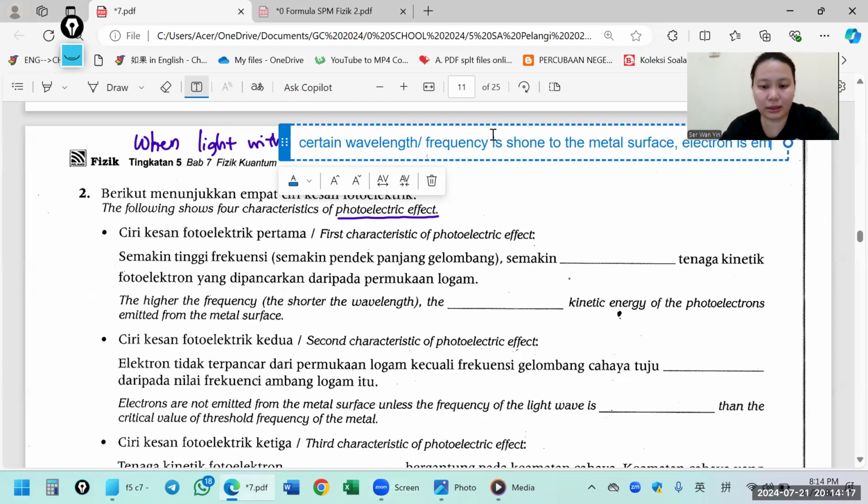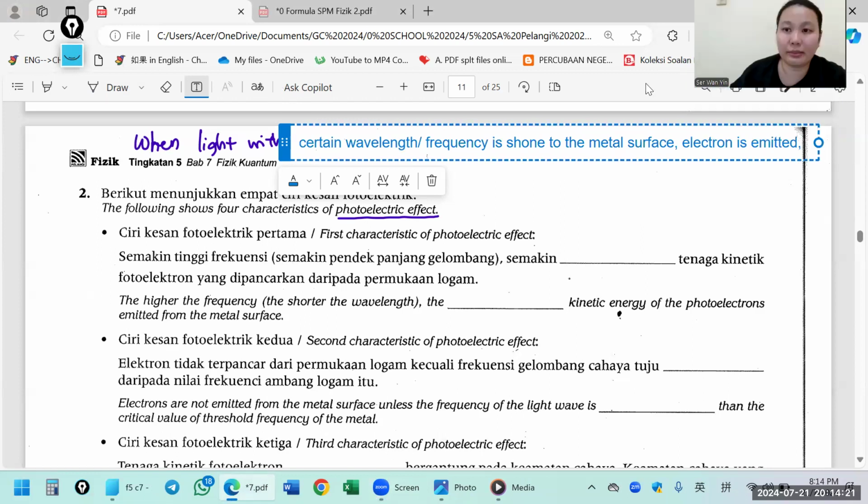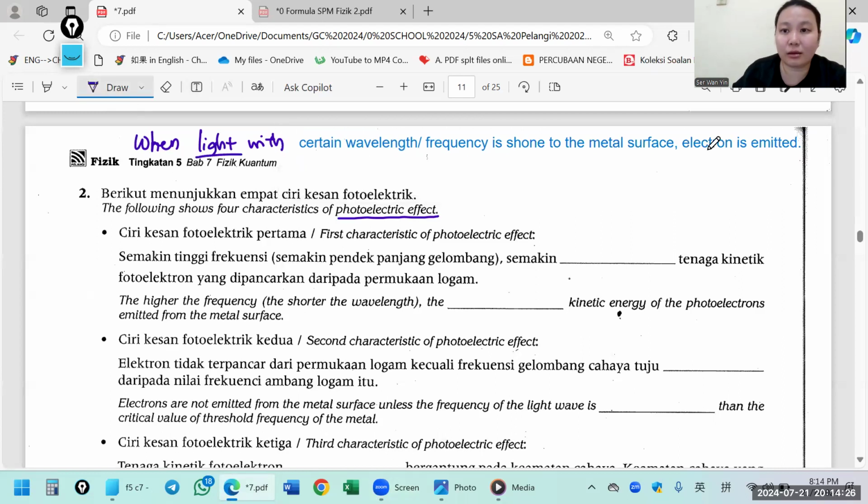Electron is emitted. Okay. Means got light, got electron come up.